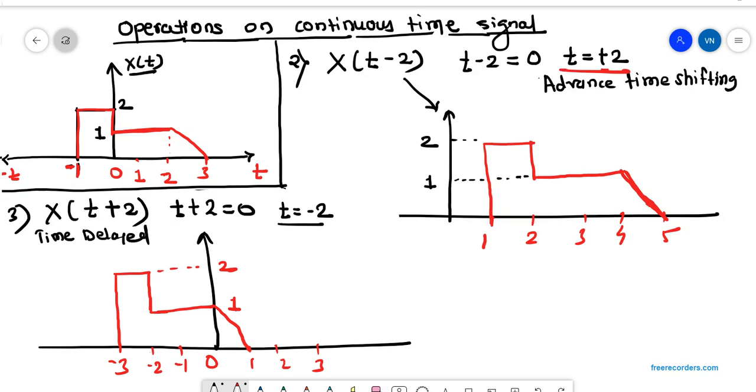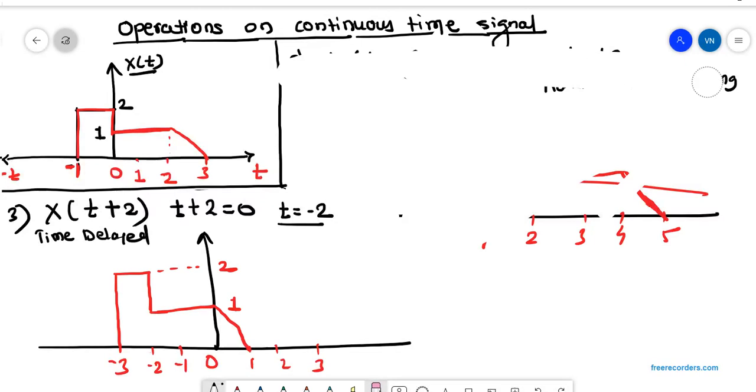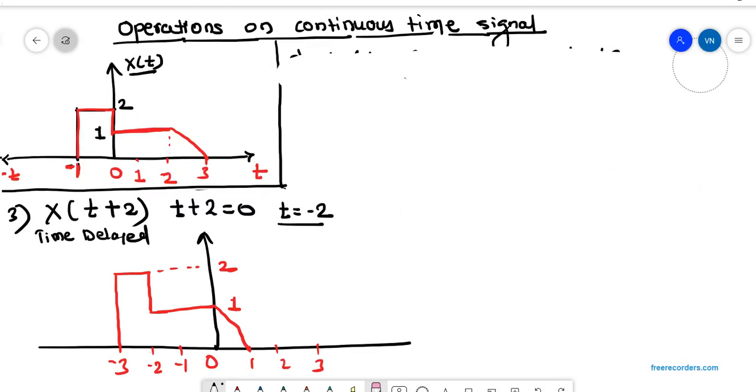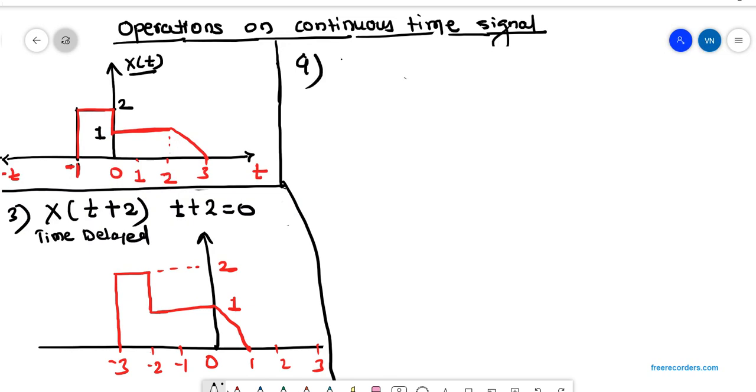Next, there are different signals you can draw with different operations, but if I take another simple example so that you can understand operations, like example number 4, x of t divided by 2. What is meant by t divided by 2?